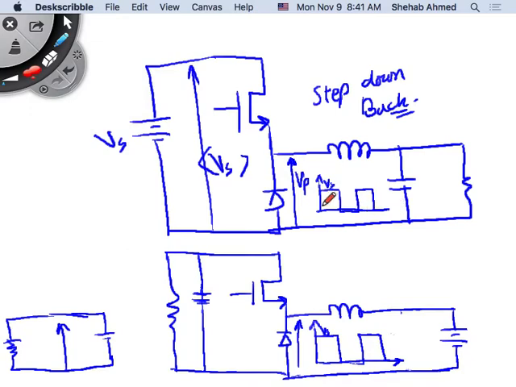So this waveform has an average value, the average value of Vp. It is equal to what? The duty ratio that we've selected, right? Remember, the average value of any square waveform is equal to the duty ratio times its peak value, which is Vs. So that's the transfer function of the buck converter: V output is equal to Vs times D, remember?